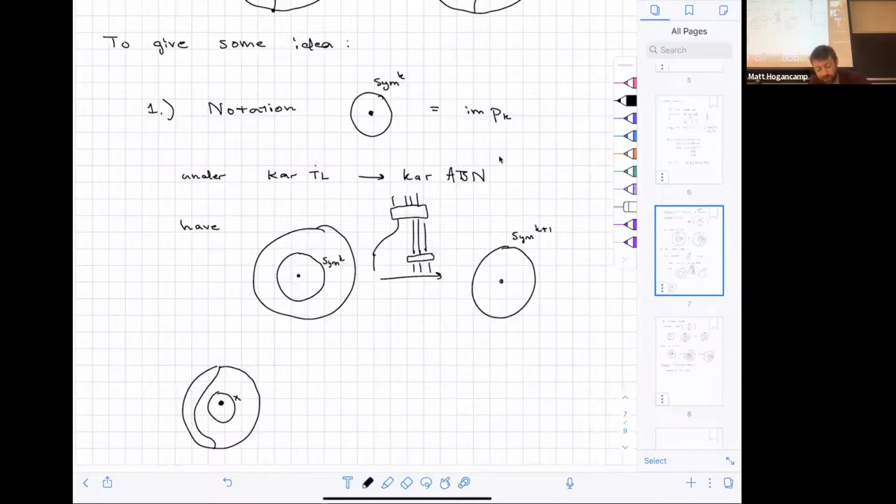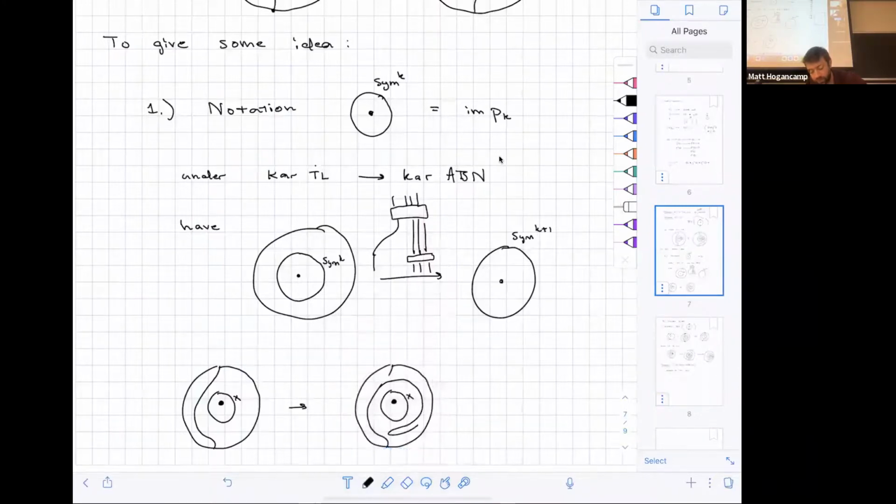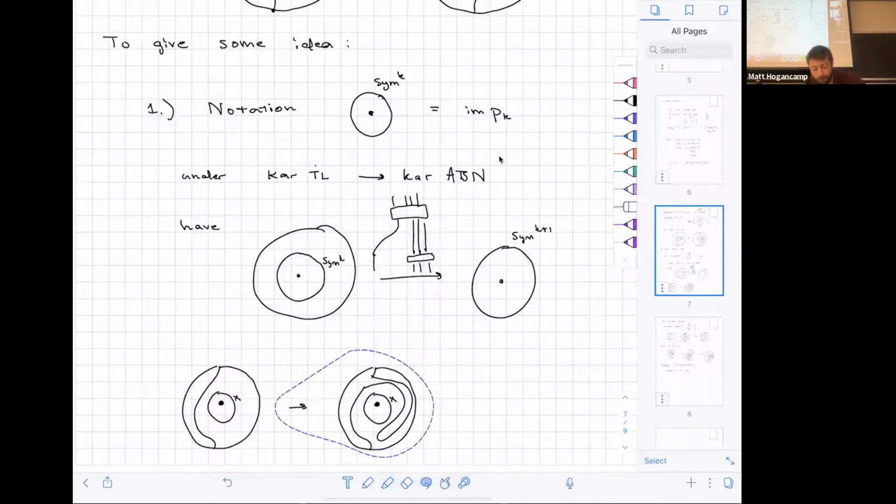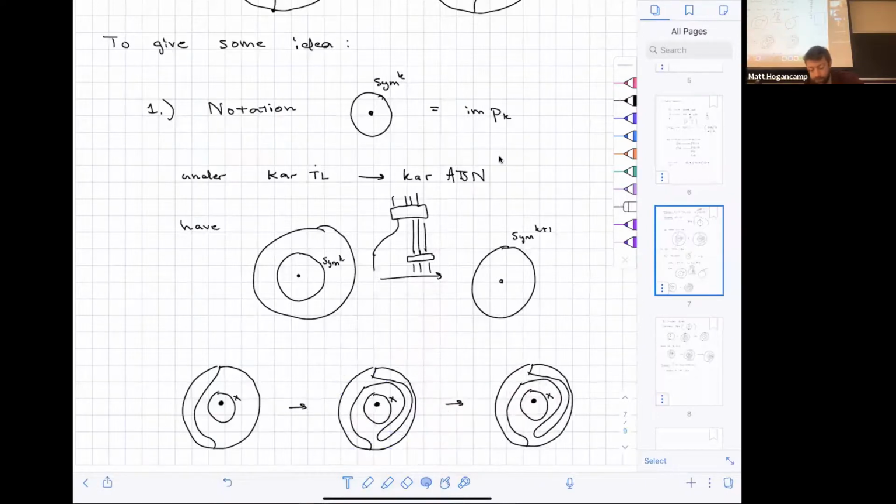Okay, so in this two-pointed annular Bar-Natan category, I can perform an isotopy and then a saddle.